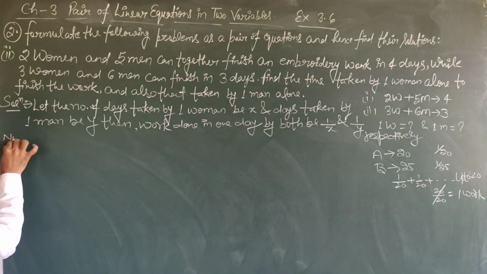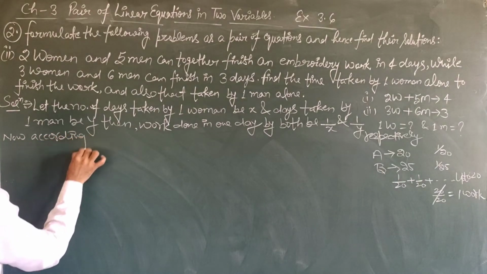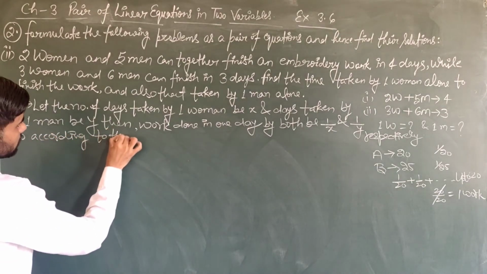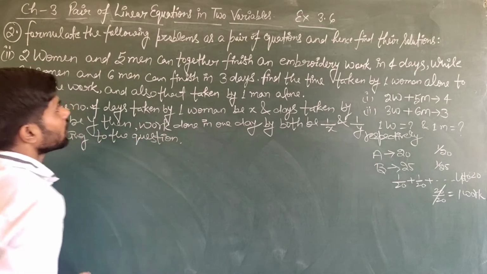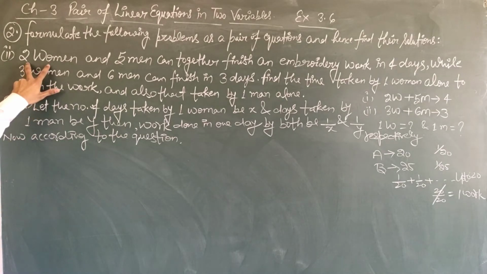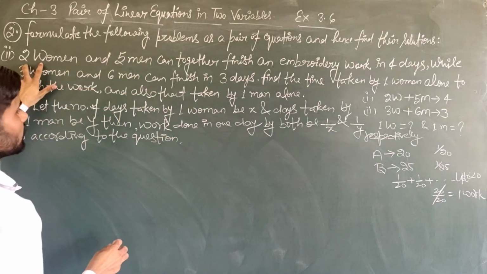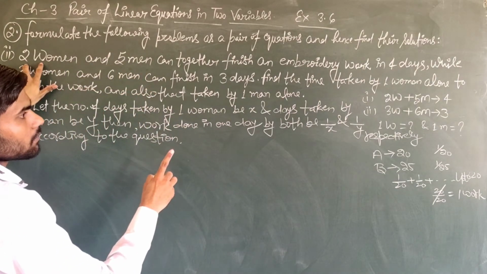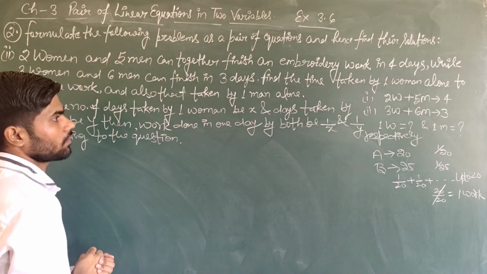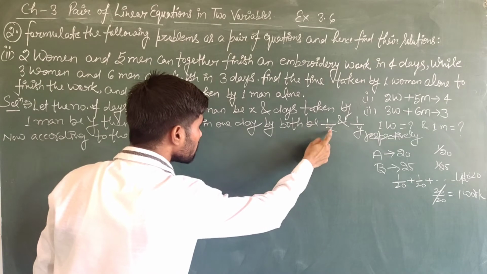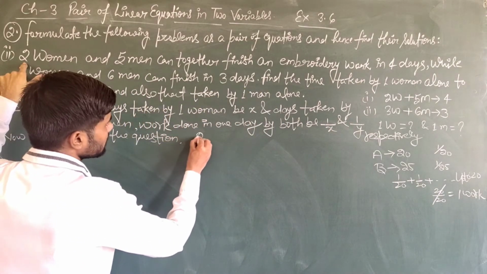Now according to the question, what is the question? 2 women and 5 men can finish a work in 4 days. Work done by 1 woman is 1 upon x, and if we take 2 women, work done will be 2 upon x.